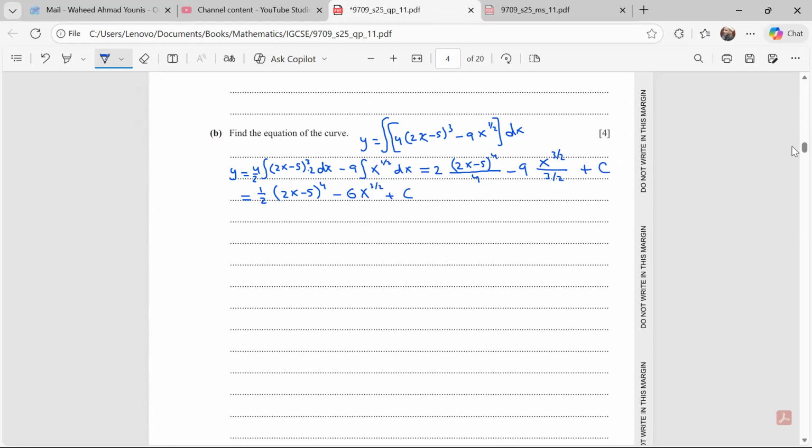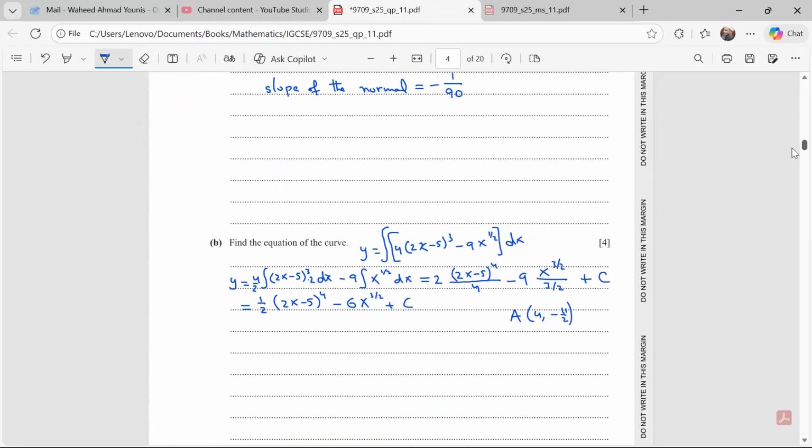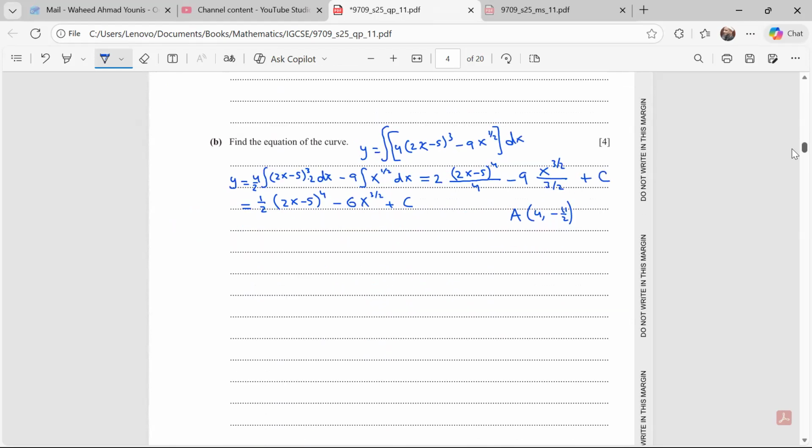Now we will use the information that our curve passes through this point A, which is 4 and minus 11 by 2. Let me make sure that I remember it correctly. A is 4 and minus 11 by 2. So I will substitute this point in this equation.